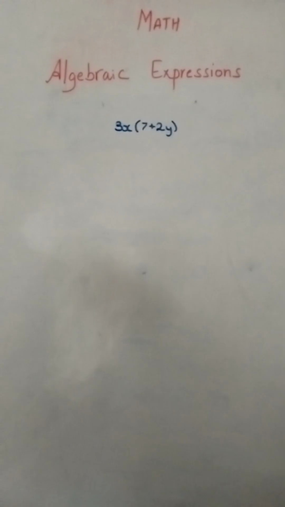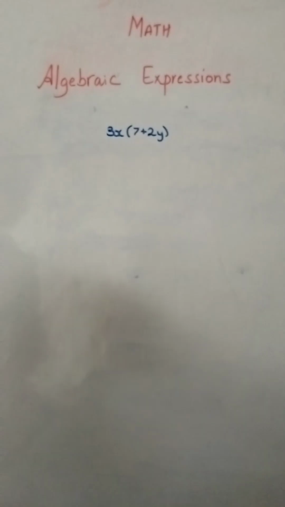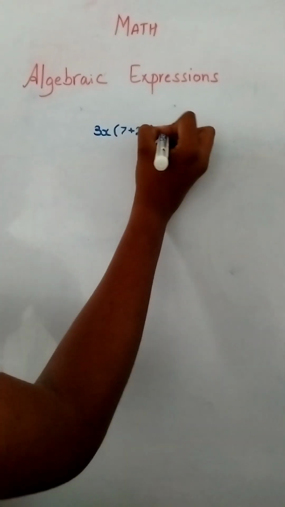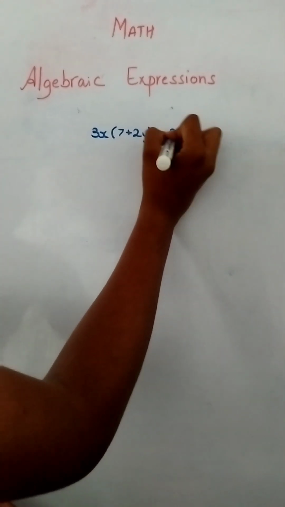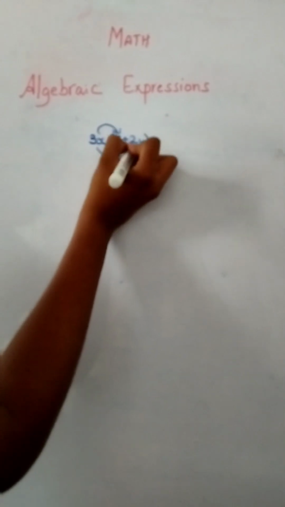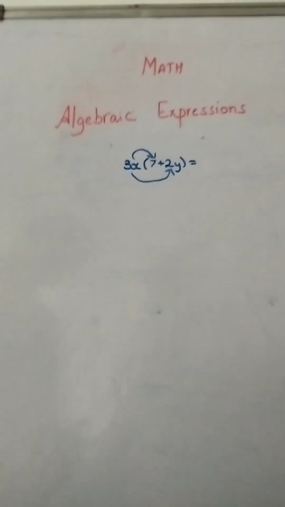So we have to solve this expression, as we can further expand it to make it simpler for us to understand. So we can write this whole expression as 3x into 7. What we have to do is first multiply these two and then multiply these two, and in the middle put the sign as that is given.